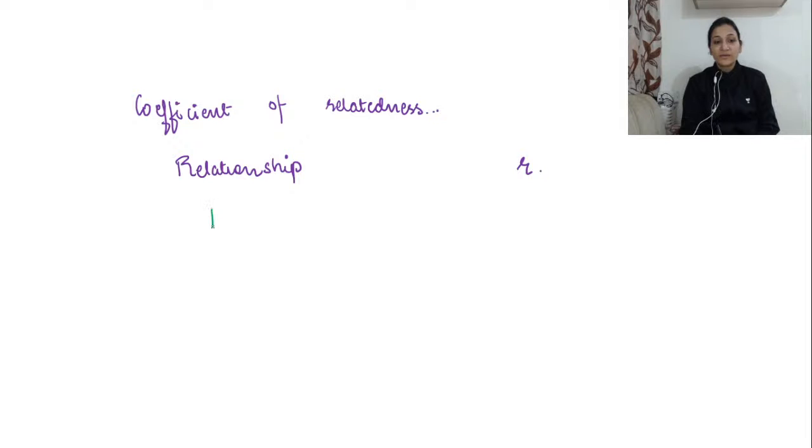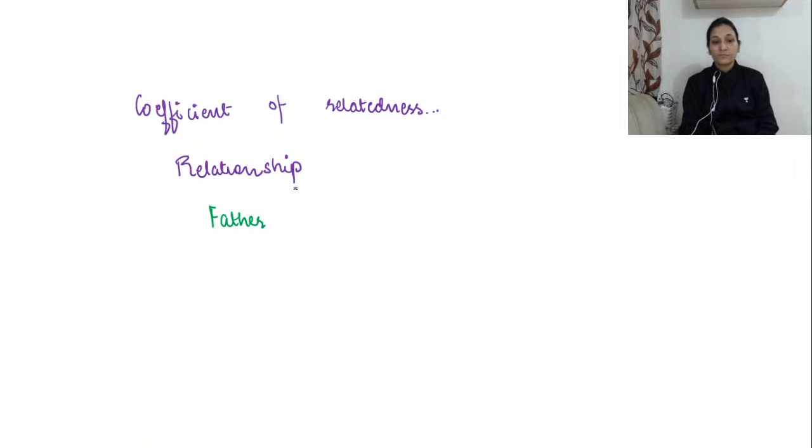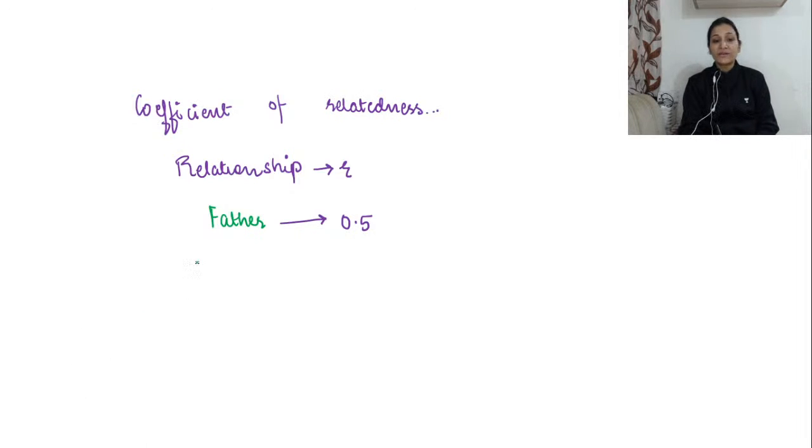So if we are saying father, how much is a father related? I'll write everything quite close. The father is related 50% to their offspring, isn't it? Father and mother are not related 100% but 50%.